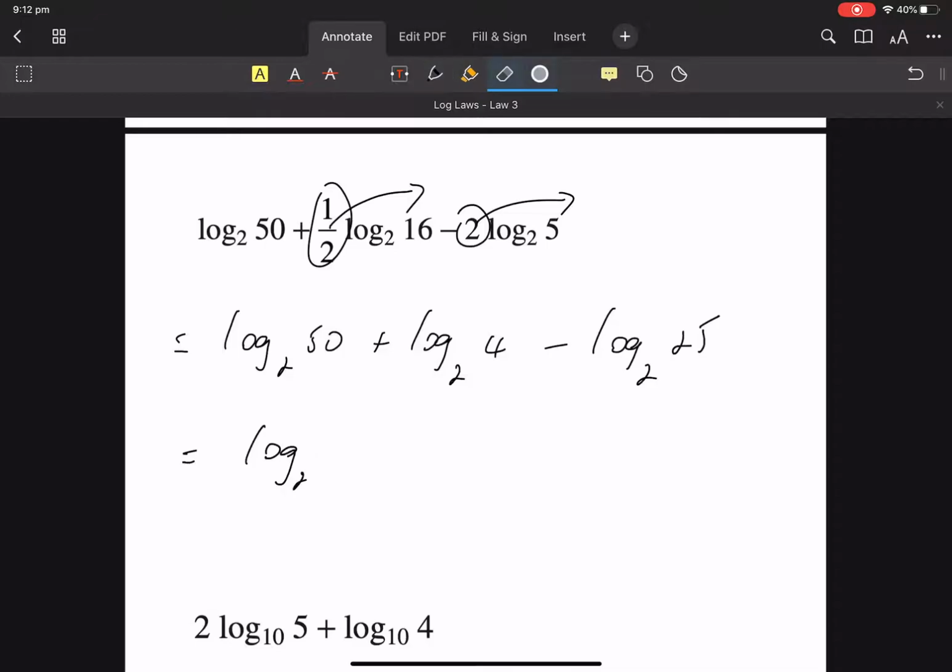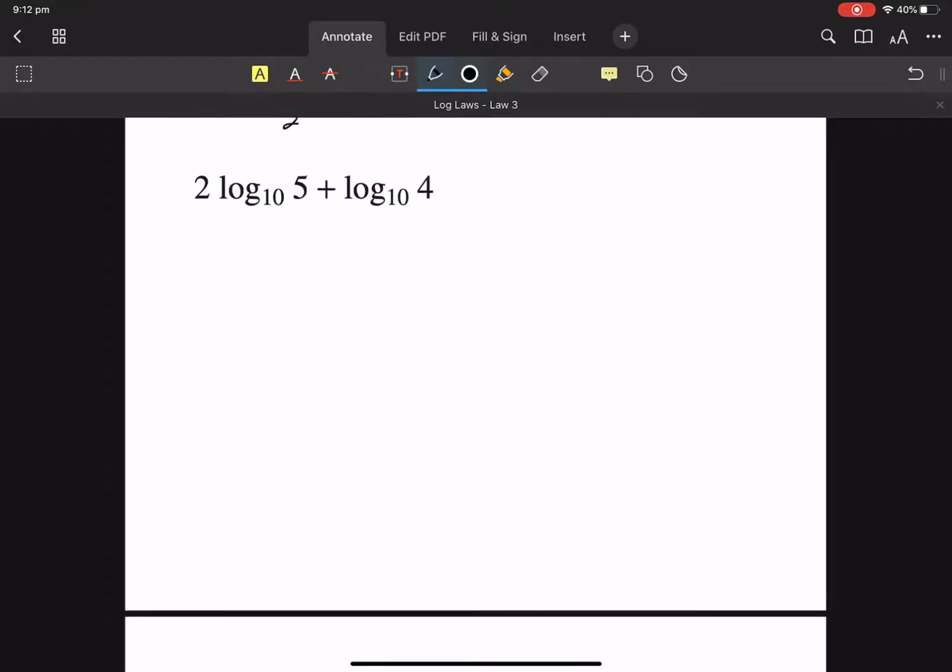We are then going to go 50 times 4 divided by 25, 8, and we're going to apply the SOC rule there and get that to be 3. Equals 3, a bit messy, but anyway. Okay.